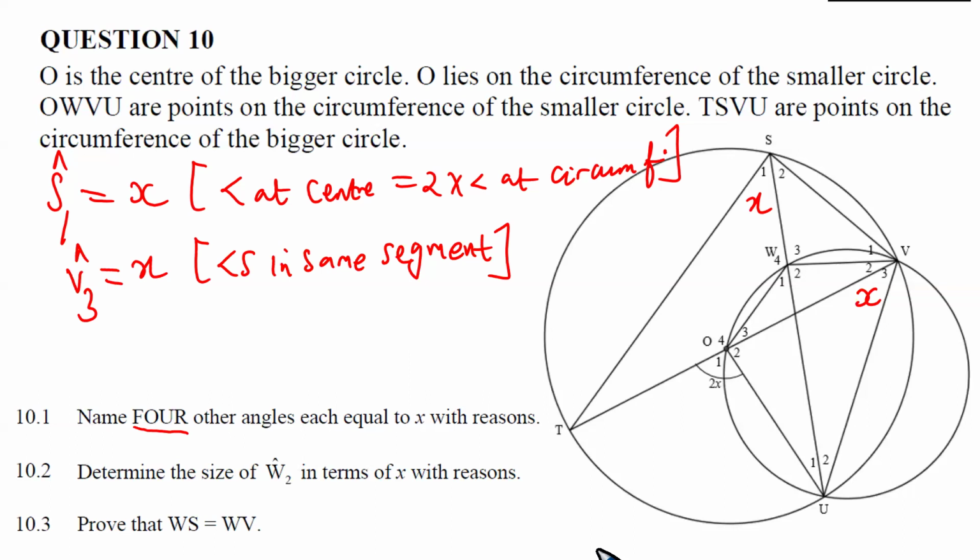W1 is also the same, and it is one of those angles we need to celebrate the most. The angle W1 also is actually X. I'm going to write that one down, but the examiner is saying, hang on, there are four. So in other words, we're missing one more angle.